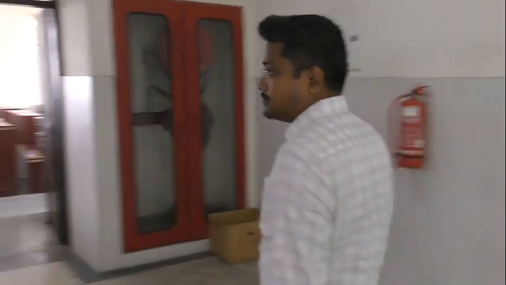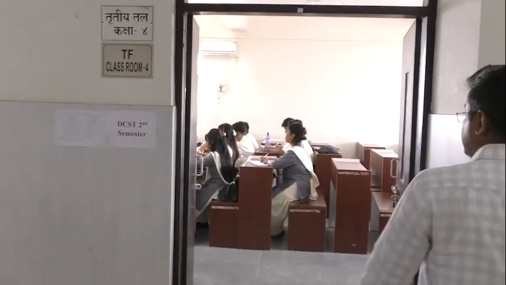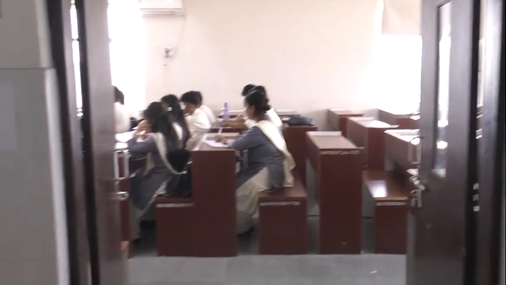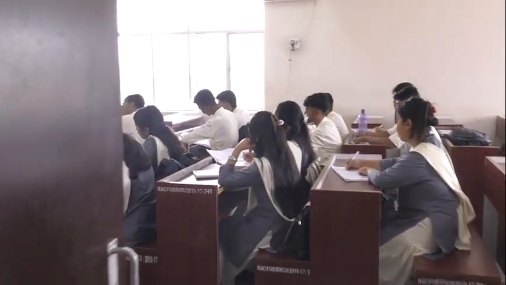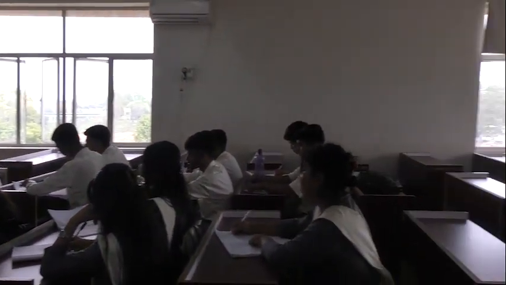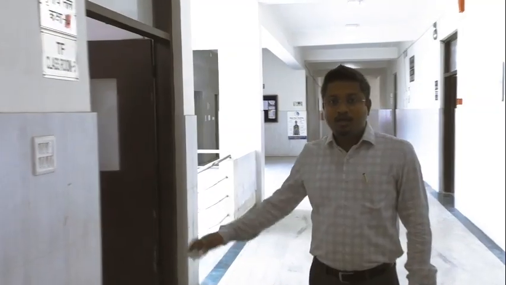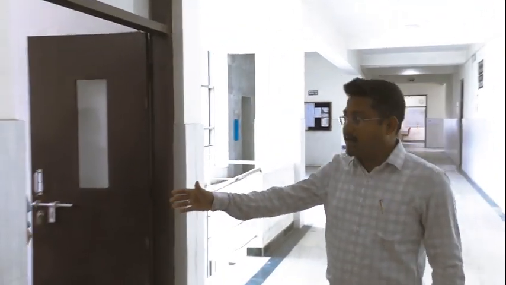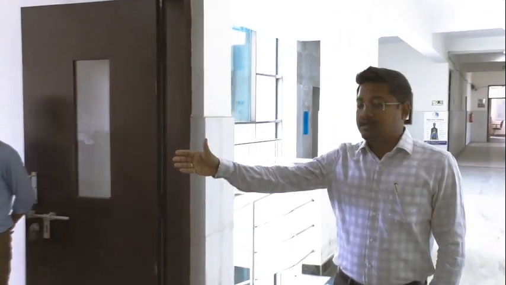And now we are moving towards one more classroom. This is again a classroom of 60 capacity. So now we are into the last room of this academic building, that is designed as a tutorial room.